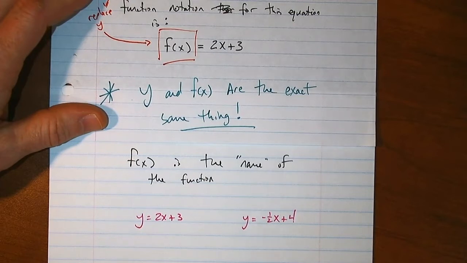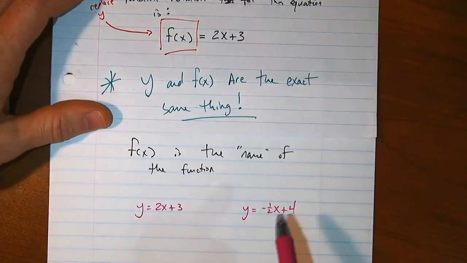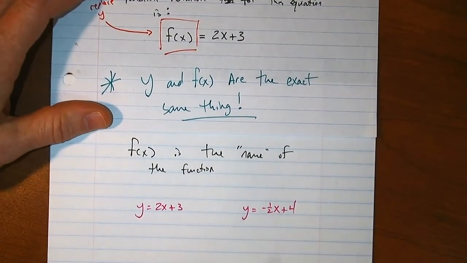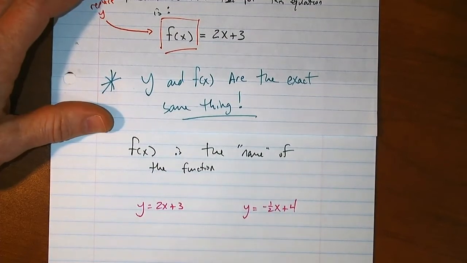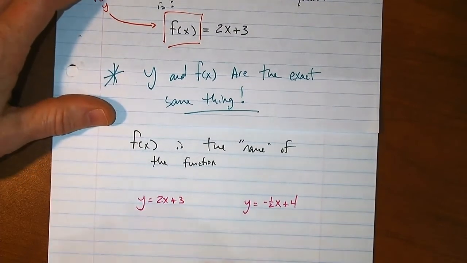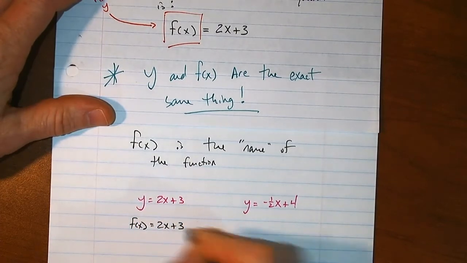Okay, so it's easy to say this one by pointing to it, or it's easy to say the one that ends in 4 or something like that. But if I have lots of functions, or if I ask more in-depth questions, it can become difficult to distinguish: am I talking about this function or am I talking about this function? So one of the advantages of function notation is we use this to give us a name.